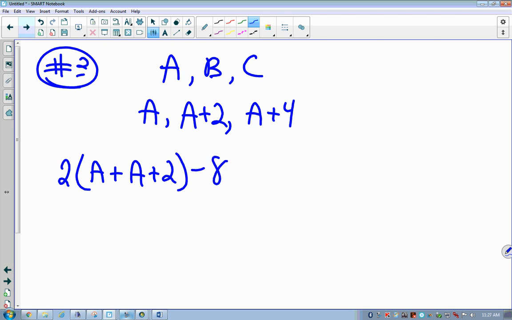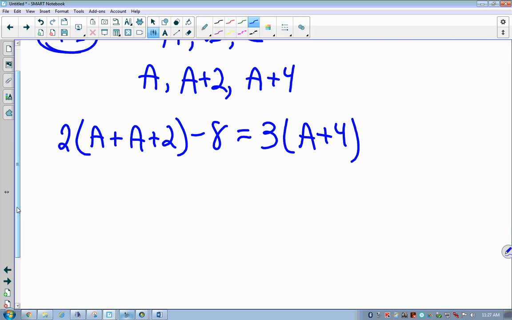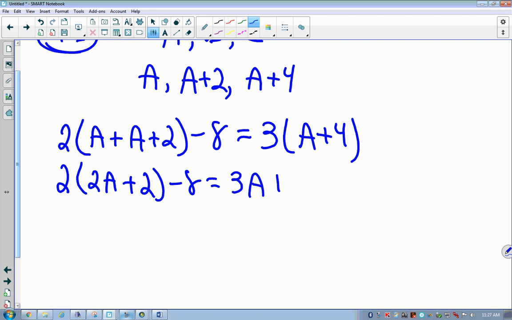Then 3 times the third equals 3 times A plus 4. So if we can solve for A, we can get the rest of them. All right. So let's simplify here. We got 2 times 2A plus 2 minus 8 equals 3A plus 12.